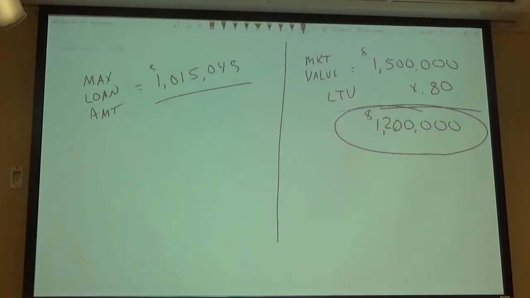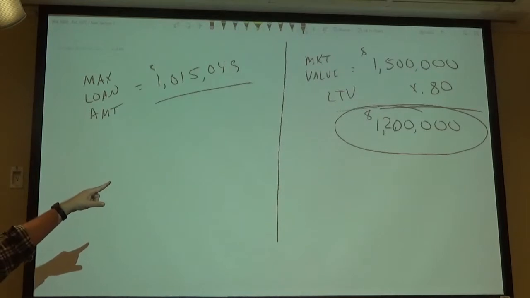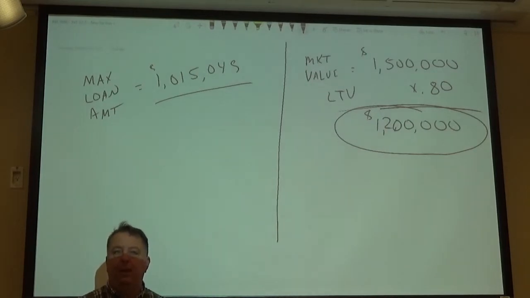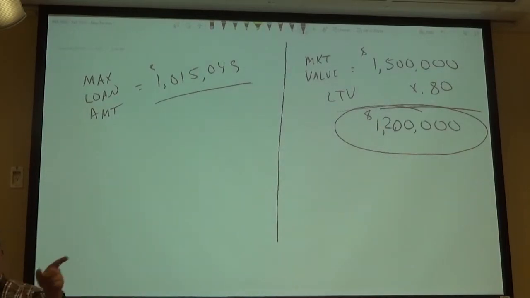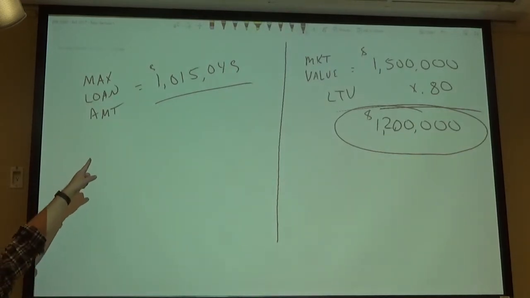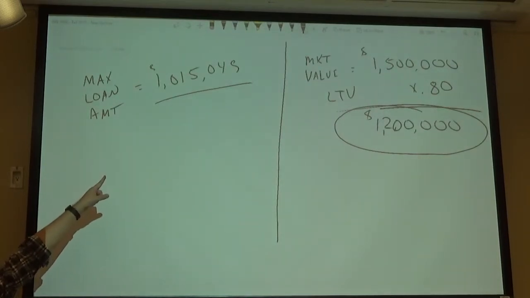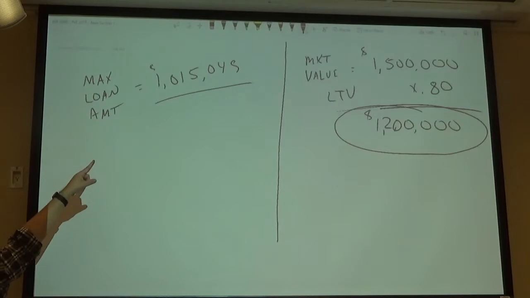Okay? So the appraiser has said it's worth 1.5 million. But the lender's saying we're only going to lend potentially up to 1.2 million. But based upon the other criteria that the lender set, the debt service coverage ratio, the maximum that we were able to get in terms of a loan amount from the lender was 1,015,049.